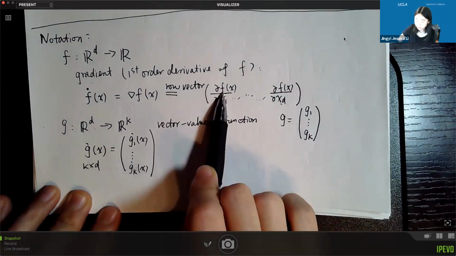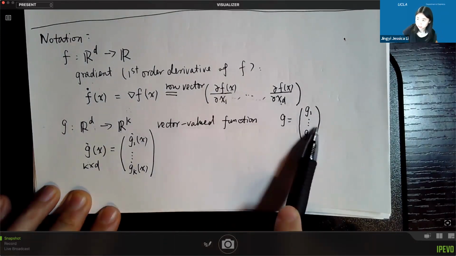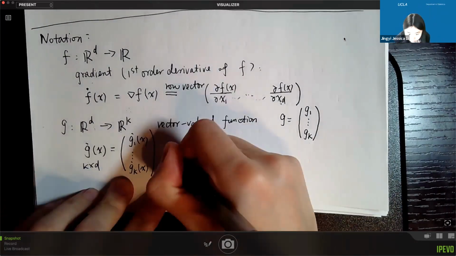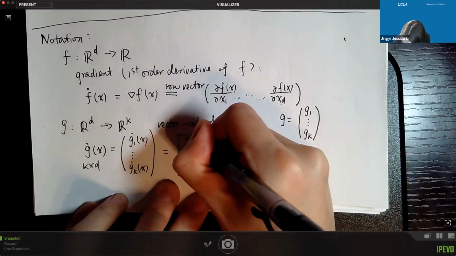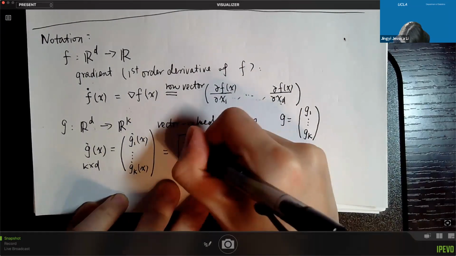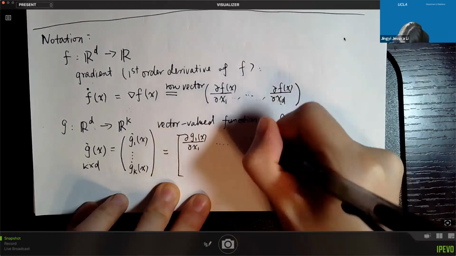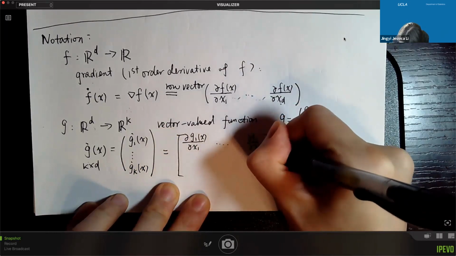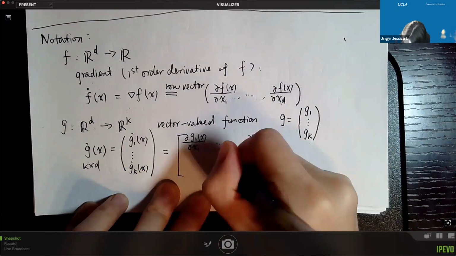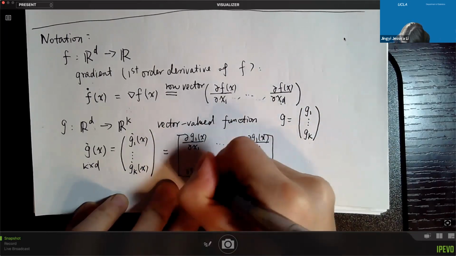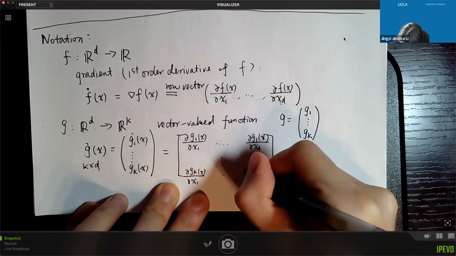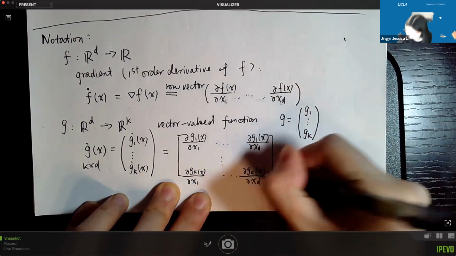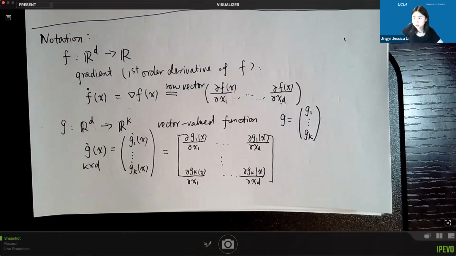Every row is just the gradient of that component. So the matrix is partial g1 over partial x1 to partial g1 over partial xd, down to partial gk over partial x1 to partial gk over partial xd. That's how we define the gradient of a vector valued function.